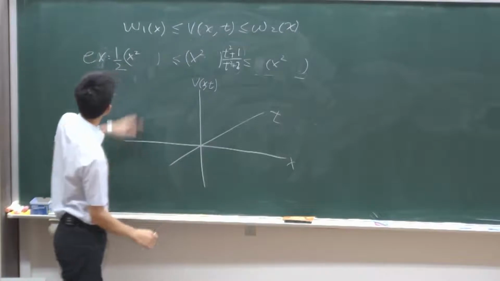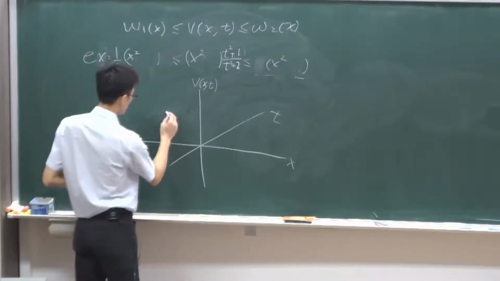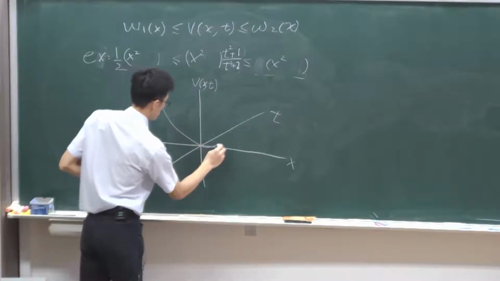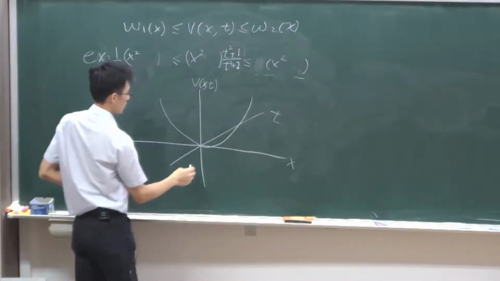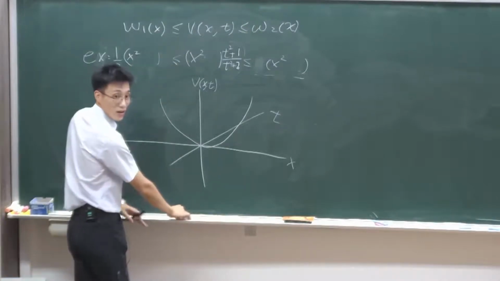So what is W1? W1 will be maybe this. It's the lower bound of V.